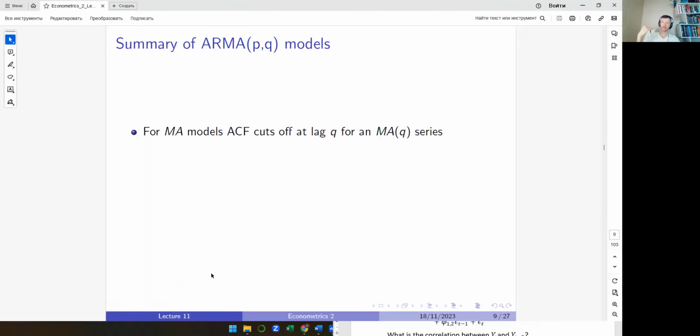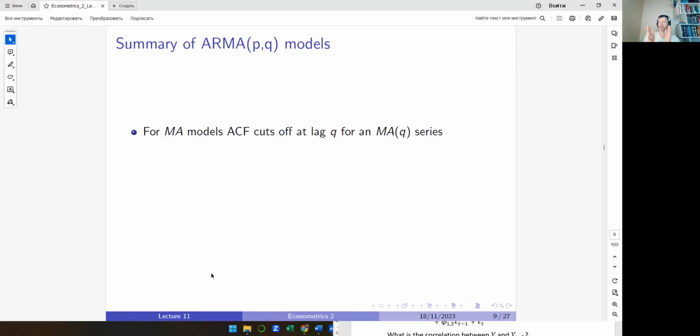So in order to summarize, how can we identify what kind of model we are working with? So when observing the models, when trying to make some identification. An MA model has the following property. An MA model has an ACF which cuts off at lag q for an MA(q) series.